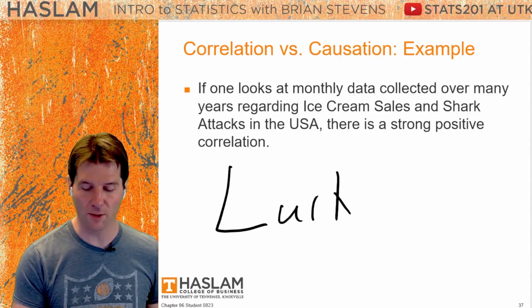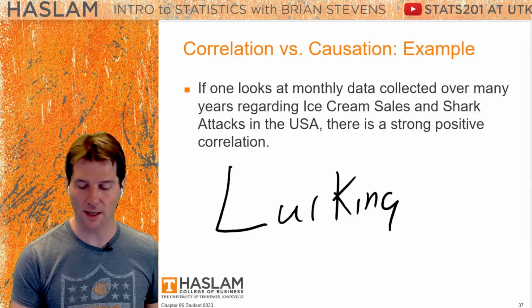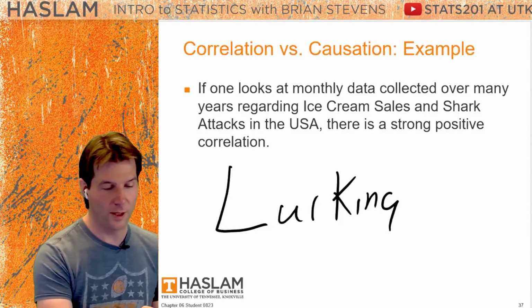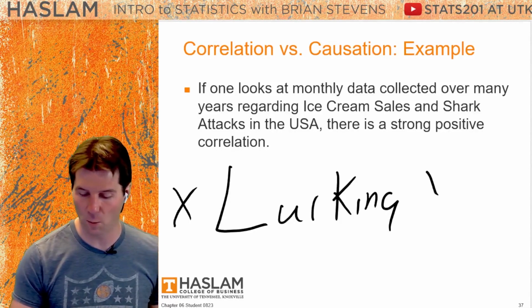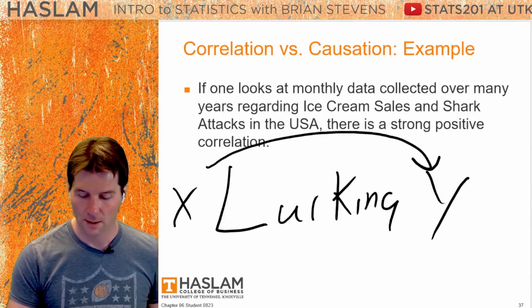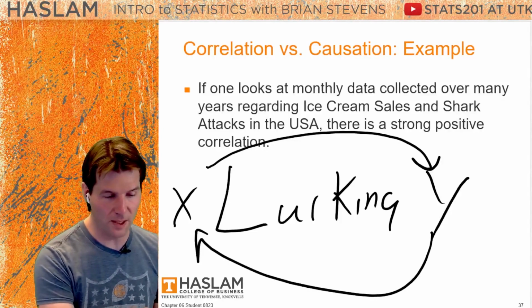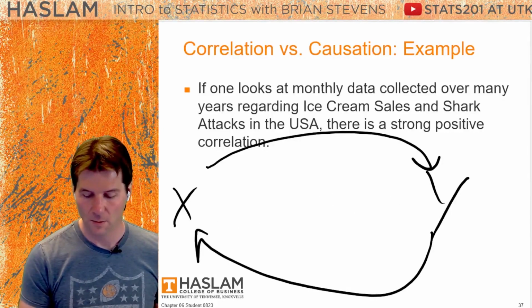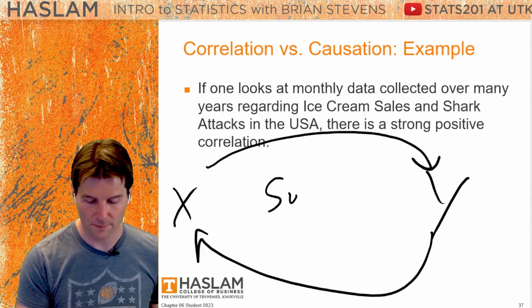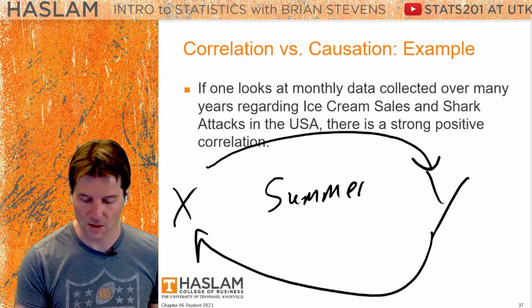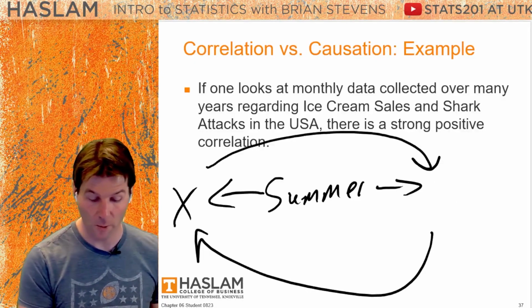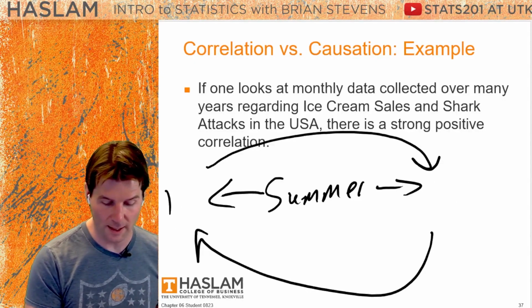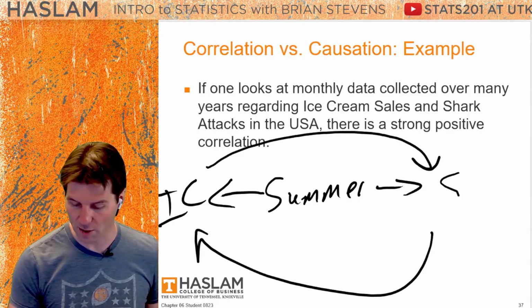A lurking variable is a variable outside of x and y, where when you have this lurking variable, it may look like x and y are related. But there's this other variable in the middle here, which would be summertime. And summertime is the real reason, or we would think, behind ice cream and sharks.